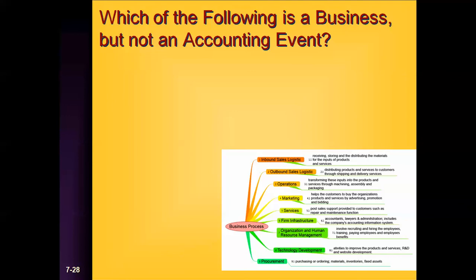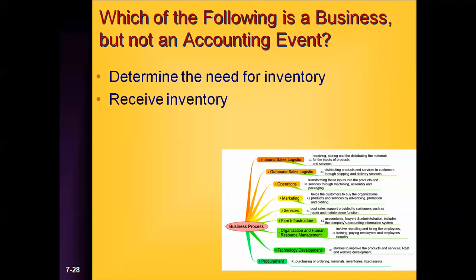So let's do a quick quiz here. With that definition, would determining the need for inventory be a business planning event, or would that be an accounting event? Answer that and hold your answer in your mind. Let's take the example: you now actually receive the inventory.